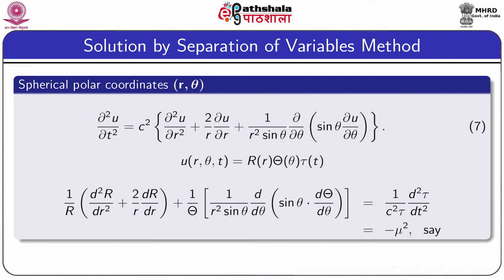As usual, we first separate the function of t, that means tau, and we take the expression to the right side. To get the periodic solution, we assume the separation constant as a negative number, minus mu square, where mu is a real constant.